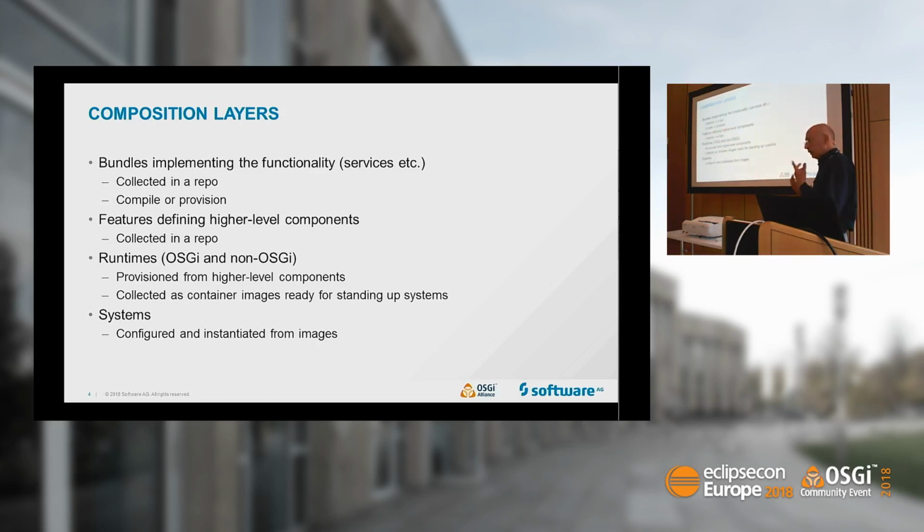And these will be collected into container images. So you could already use the features to provision the runtime and run without any container model, but as it's quite popular and quite useful to use containers in many cases, this is the place where you would create the container images. Again, there would be either a local or there could be a remote repository. And from these images, you stand up your actual system that you want to run.